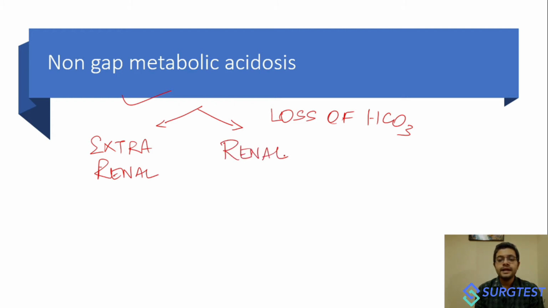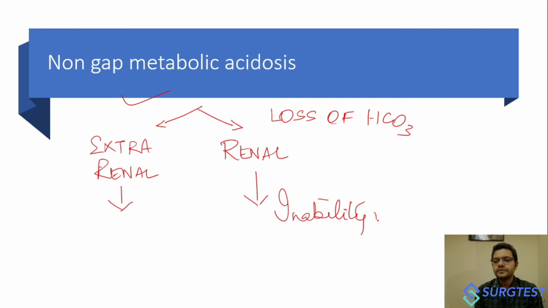We'll come to the causes in the next slide. There's one other mechanism by which there can be a non-gap metabolic acidosis. That mechanism is the inability of the kidney to excrete acid.